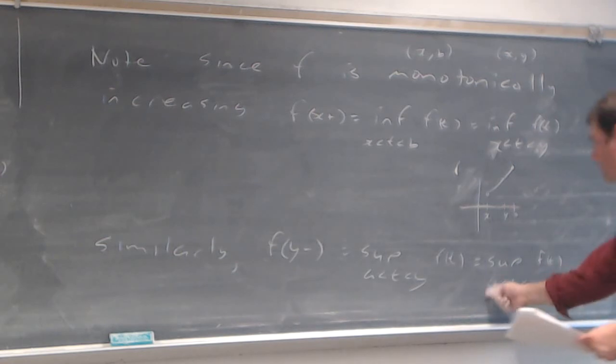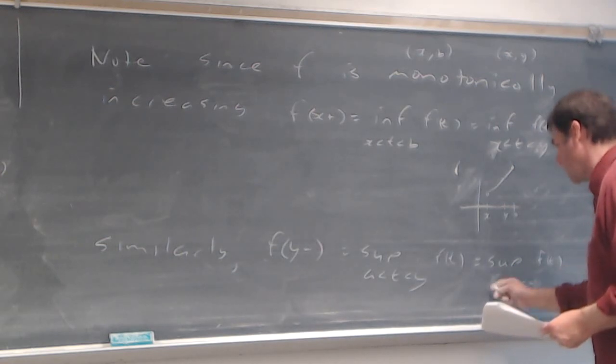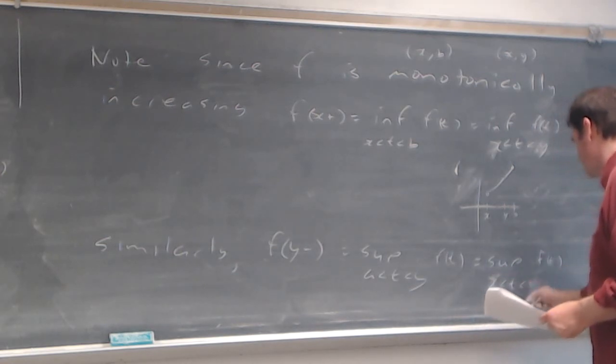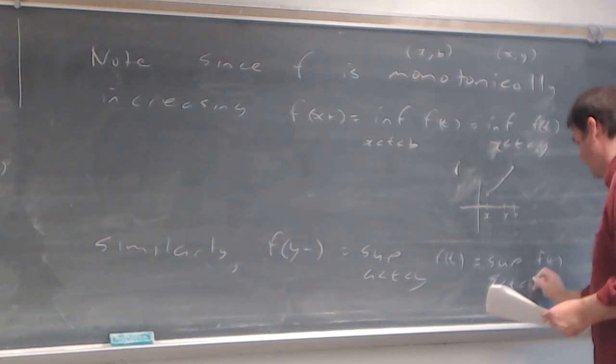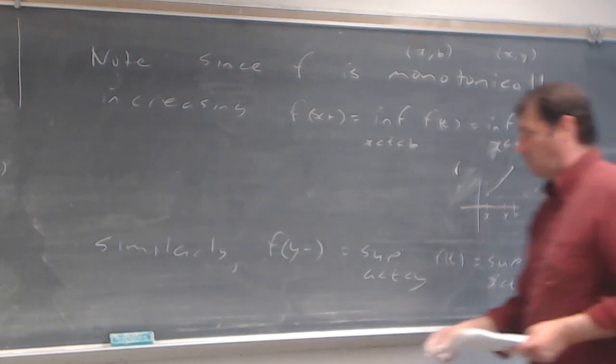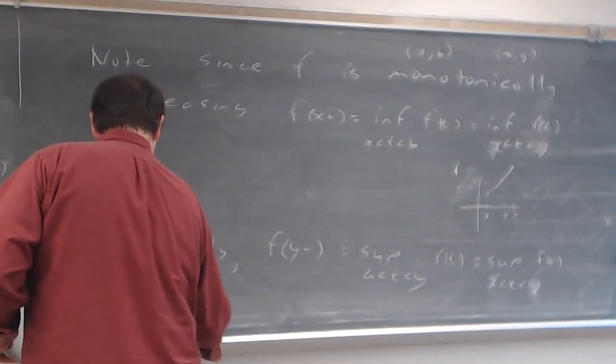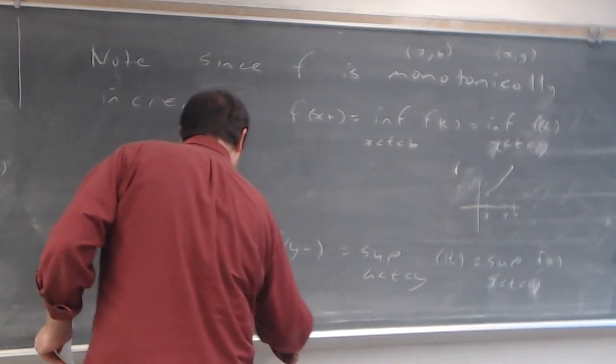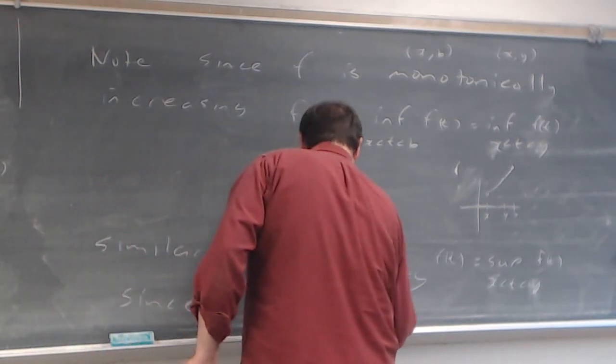I made a mistake again. So here, this should have been x, and this should be y. And that's, again, because f is monotonically increasing.